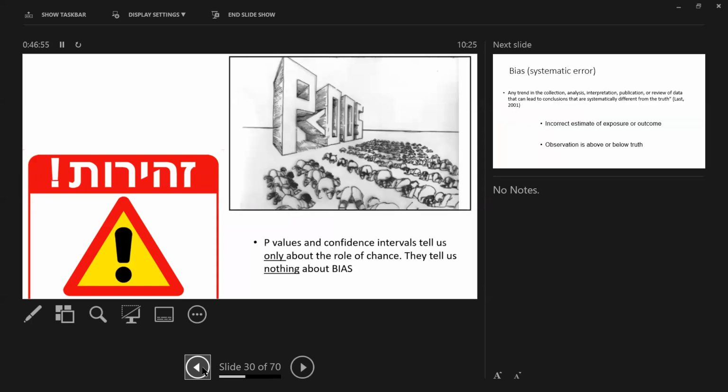This is my favorite. I love this. I actually took this picture from a lecture that I had 15 years ago. The P less than 0.05 is not God. It is not an absolute thing that you base your decision on. It's an important thing, but it's not the only thing. And it only tells you about chance.